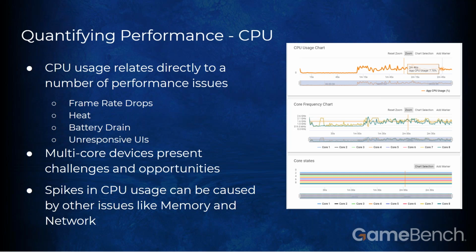So memory usage could be something like a cache miss or just very poorly architected data. Disk I/O, where you're transferring a lot of stuff from storage into memory and back into storage. And then network with CPU, all of those packets that you receive have to be processed somehow, and your CPU is the one that does all that work.